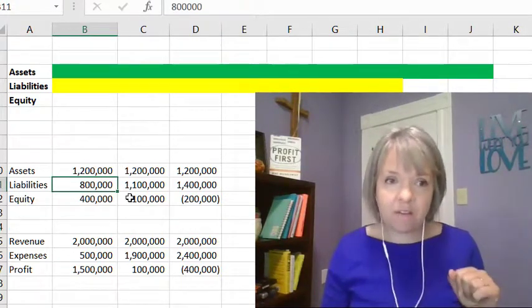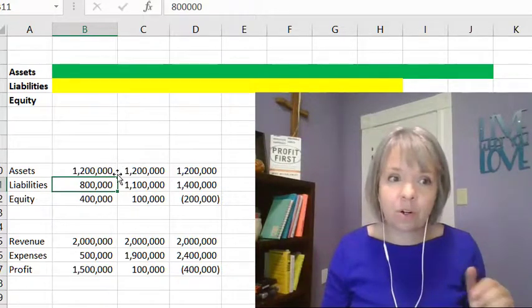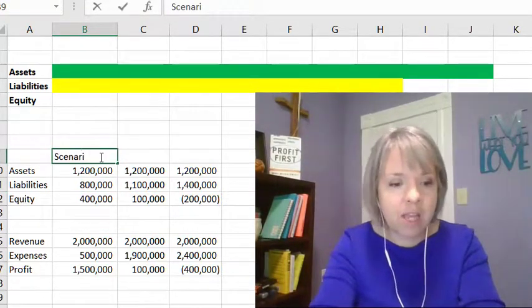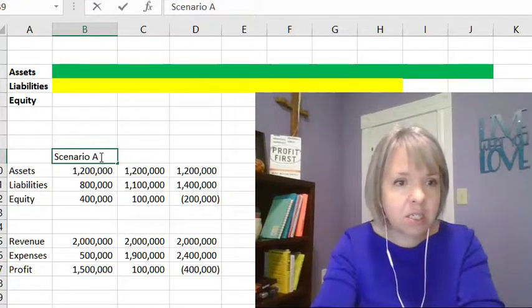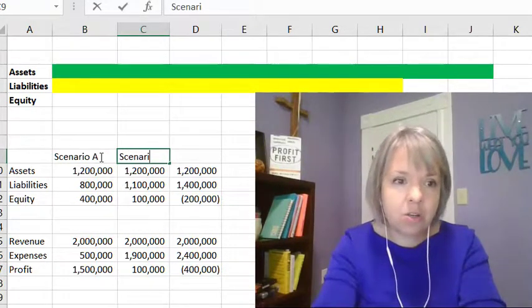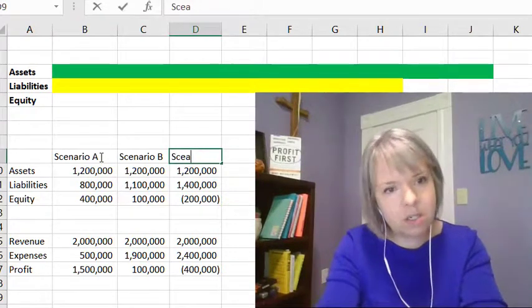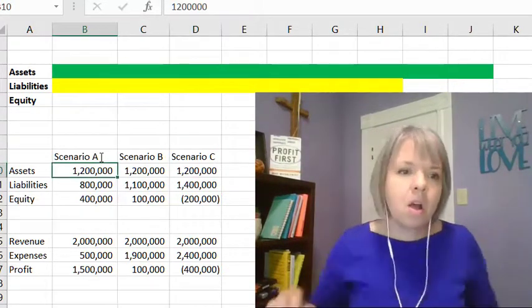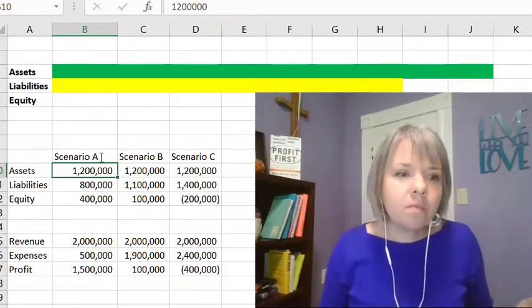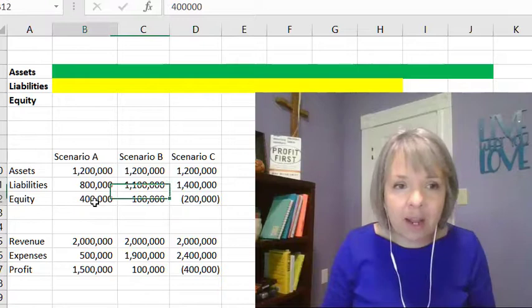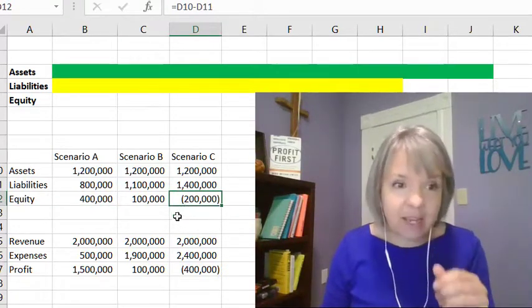Even if we have the information about the liabilities in this scenario, call this scenario A, scenario B, and scenario C, they all have the same amount of assets. Their liabilities go up, meaning their equity goes down, and we'll get to that in a little bit.